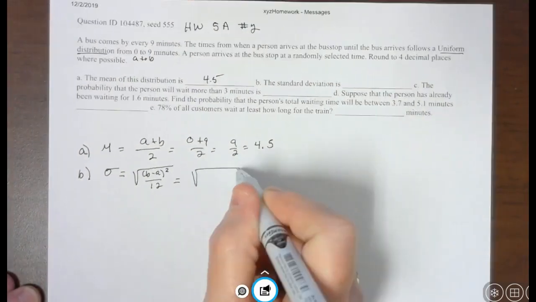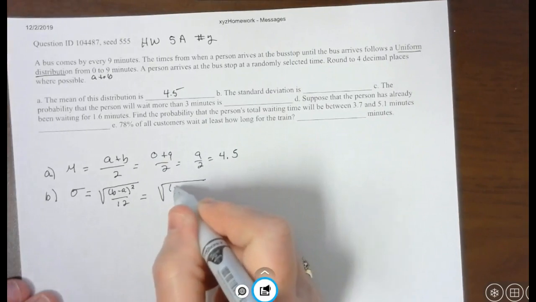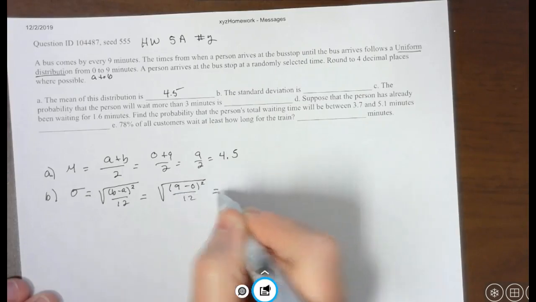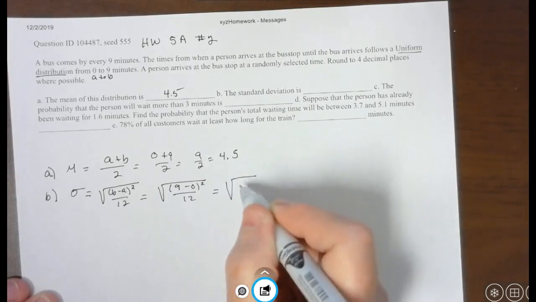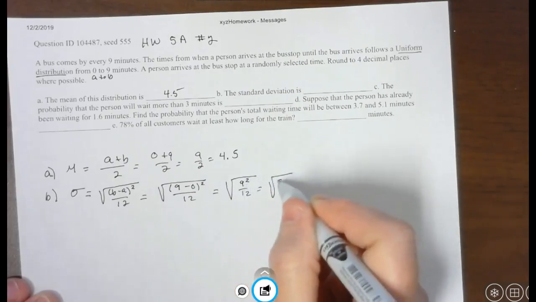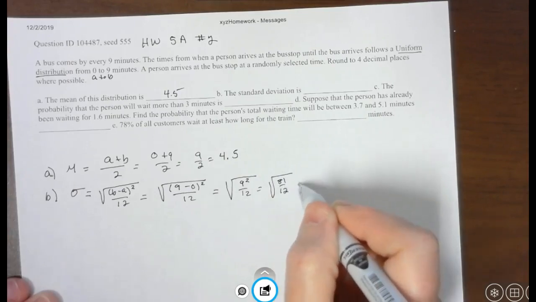So we have the square root of 9 minus 0 squared over 12, which is the square root of 9 squared over 12, and 9 squared is 81 over 12.